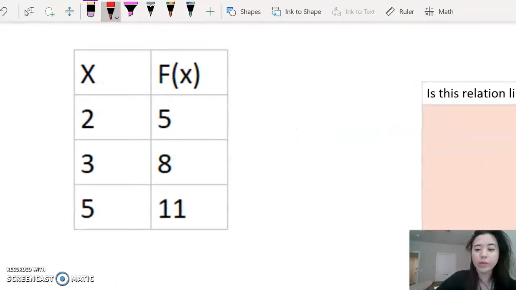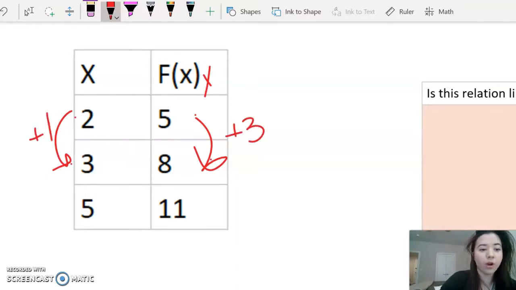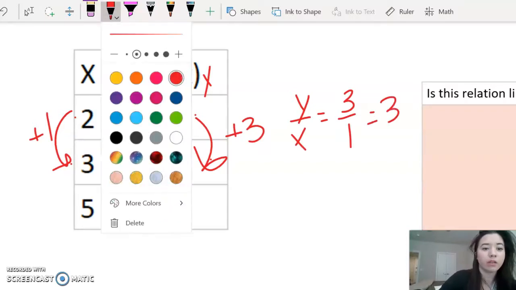So we do this, if you remember, by drawing our arrows, and then we find the change in y. From 5 to 8, we add 3. From 2 to 3, we add 1. And then we write it as y over x. So 3 over 1, which equals 3.